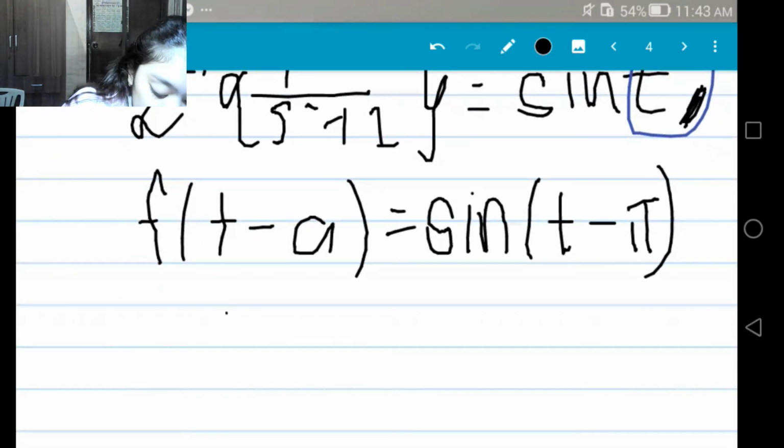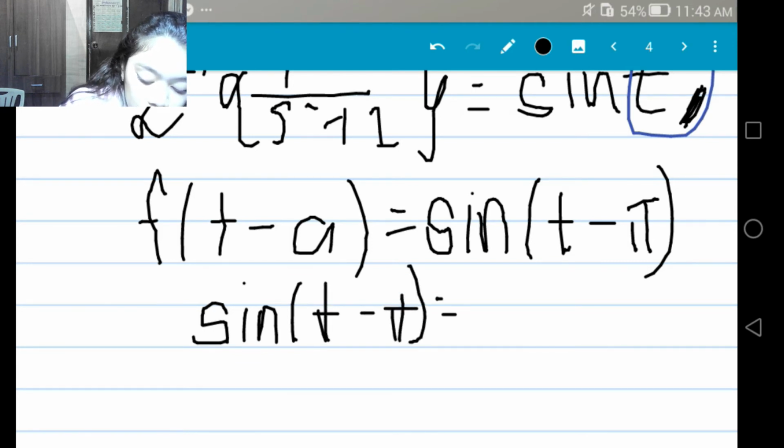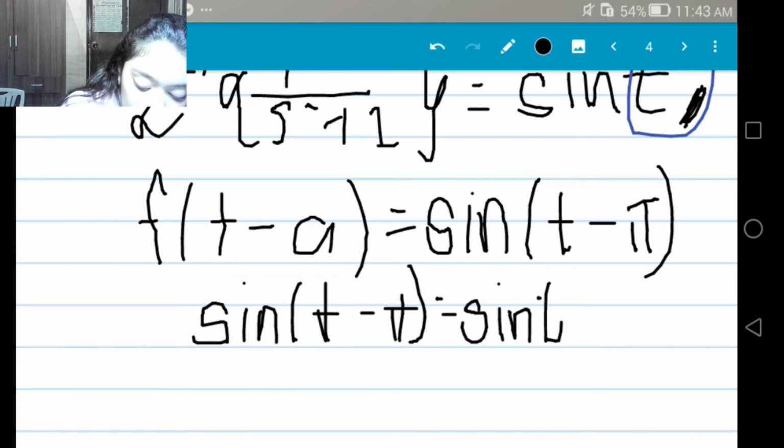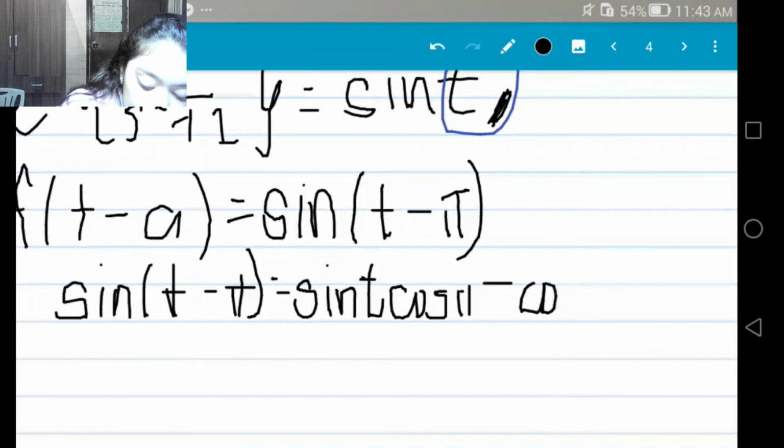So, sine of t minus pi, using trigonometry, is sine t times cosine pi minus cosine t sine pi.